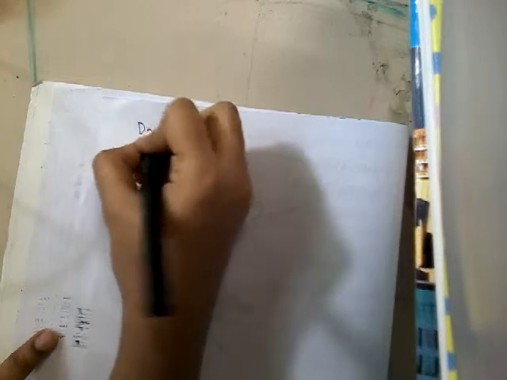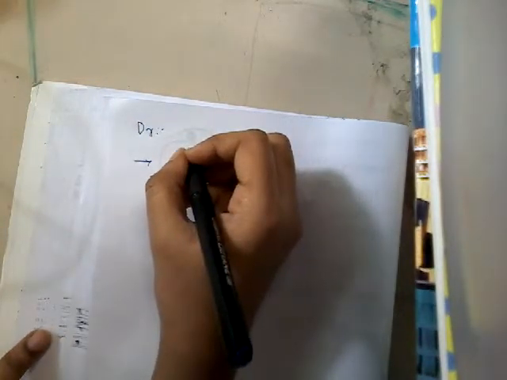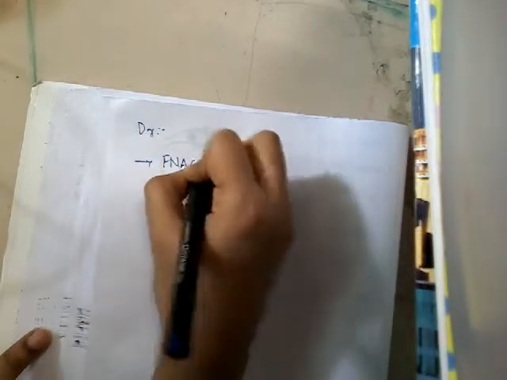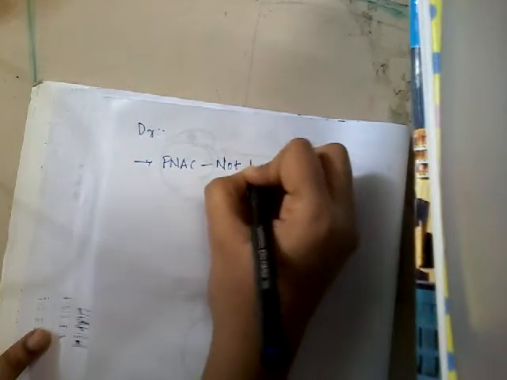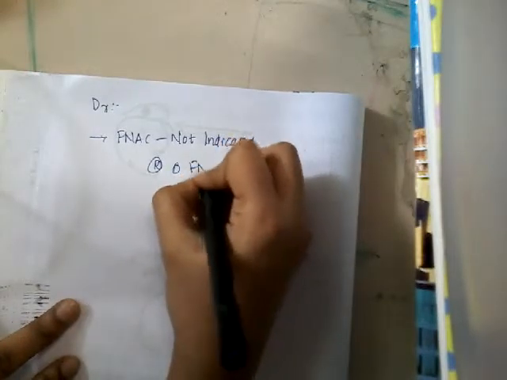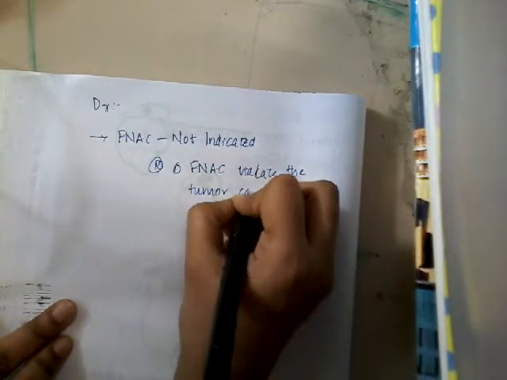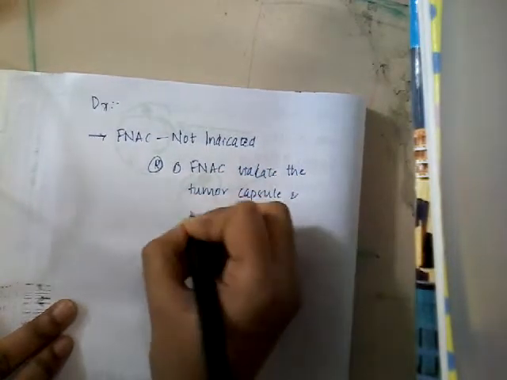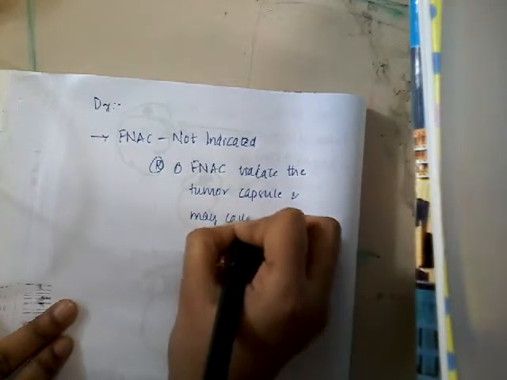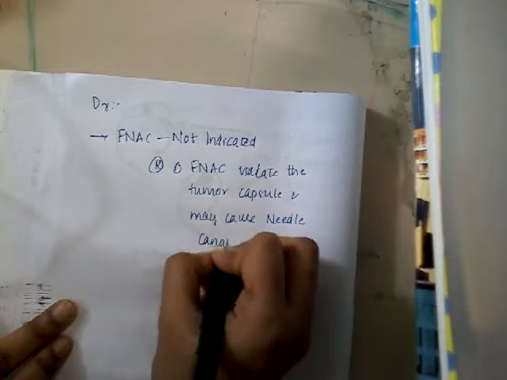So now, how do you diagnose it? Investigations. FNAC is not done, not indicated. The reasons for it not being indicated are: 1, FNAC will violate the tumor capsule and may cause needle canal metastasis.